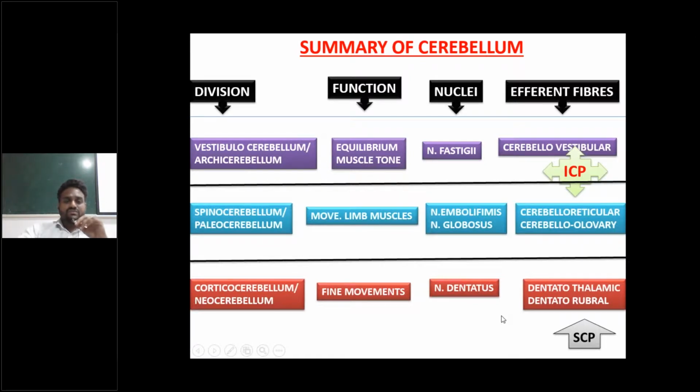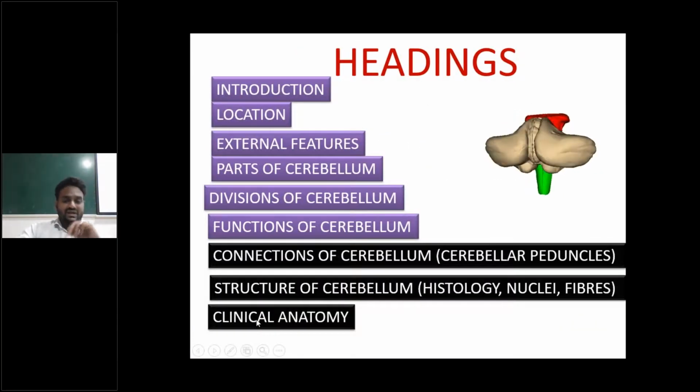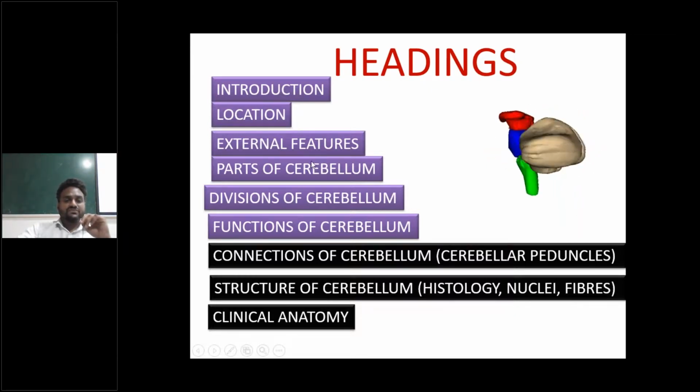Then next we move to the last one, the clinical anatomy. Till now I have completed introduction, location, external features, parts of the cerebellum, divisions, functions, connections, and structures.